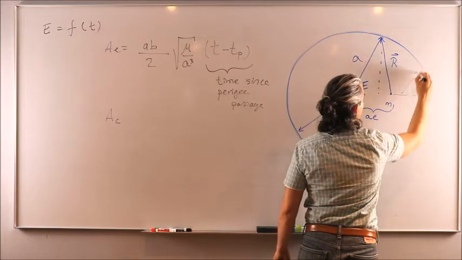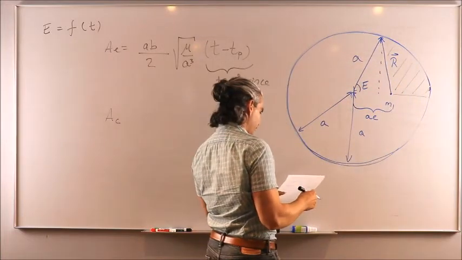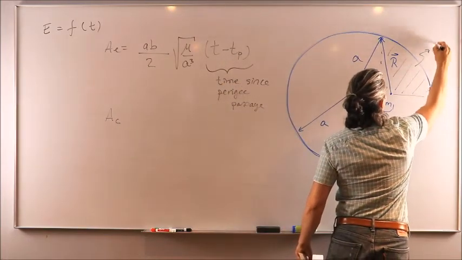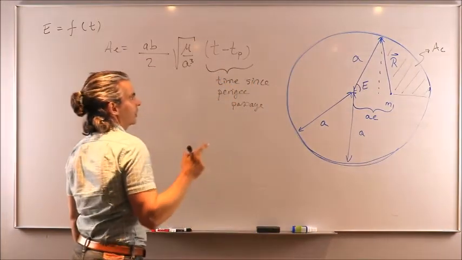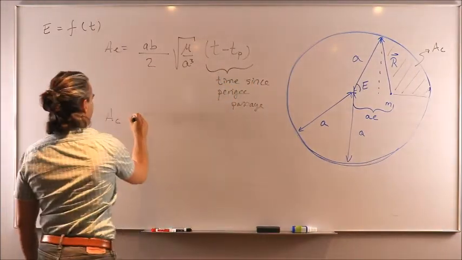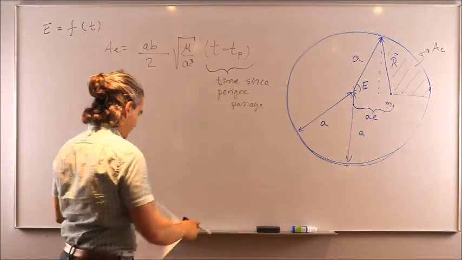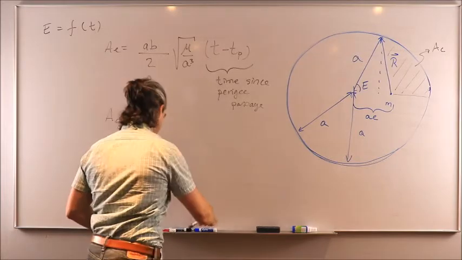This is what we're looking for, and this is quantified as AC. This is your AC. To calculate AC, we're going to look at the difference in two areas.